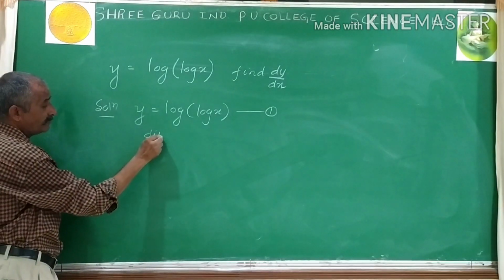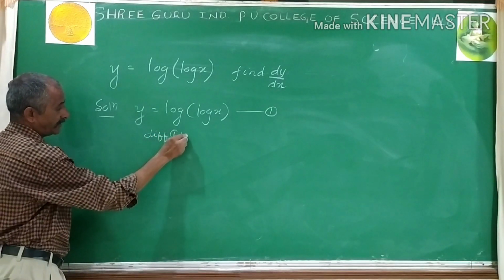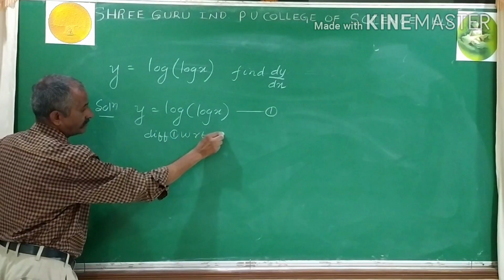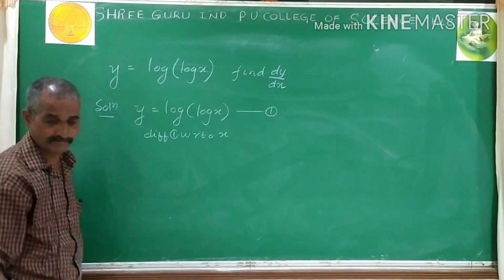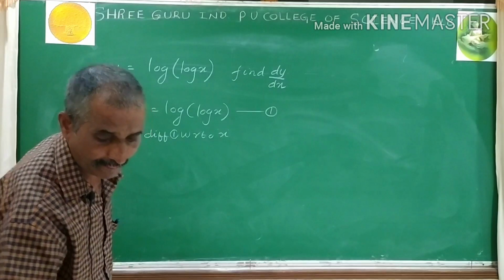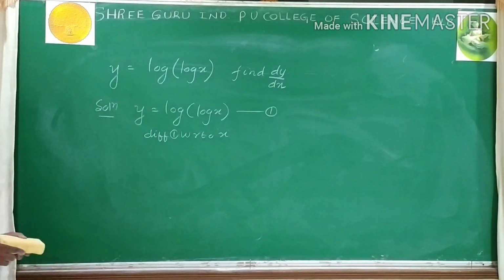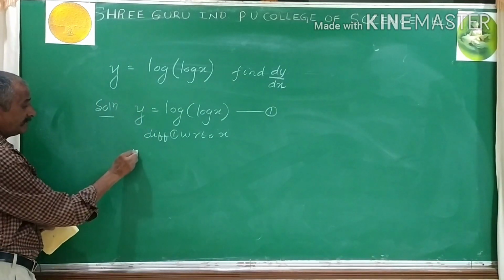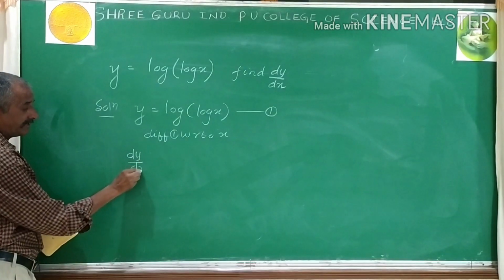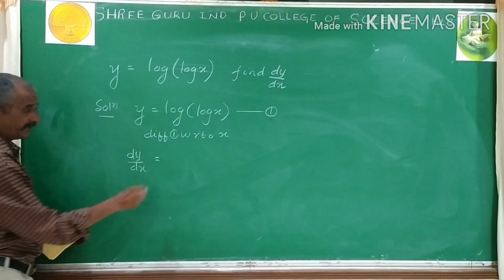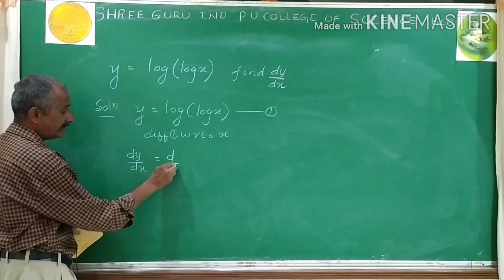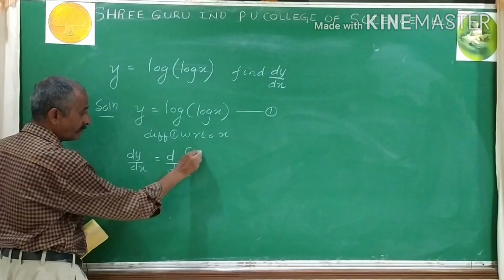On differentiating 1 with respect to x, left side dy by dx, right side in symbolic form, namely d by dx of log.